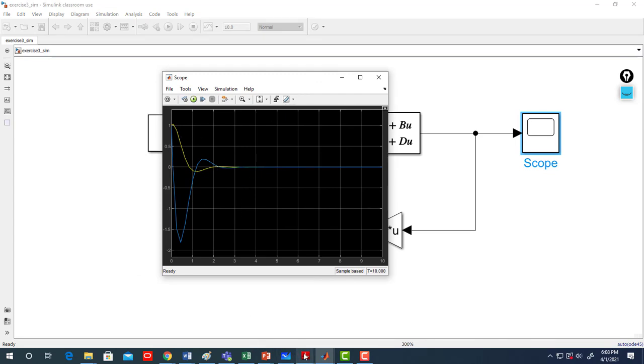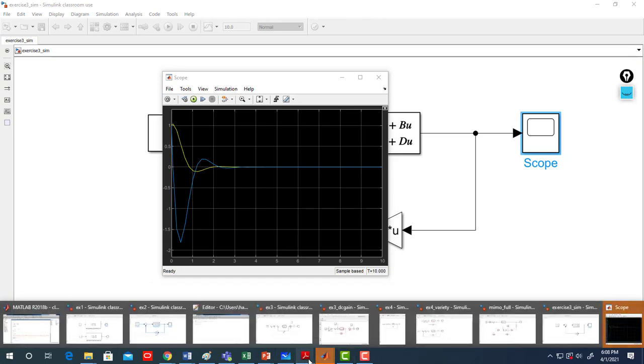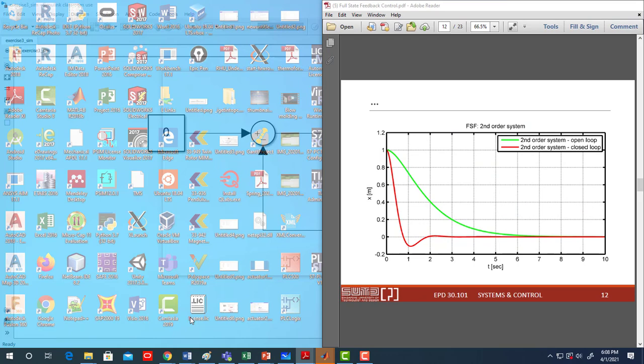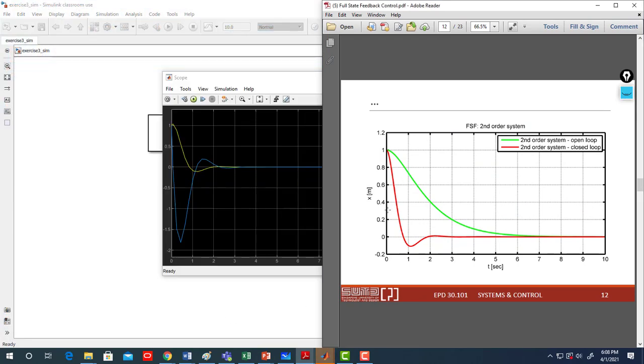So what we see here is actually the yellow one. The red is here, the yellow, which is one of the states, but here is the response of the second state.